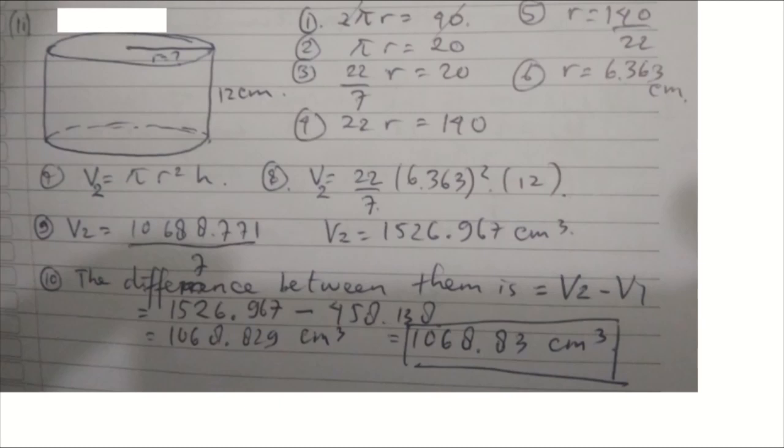So what we should do is subtract them: 1526.967 minus 458.138 centimeter cube. So we've got the difference between the volumes as 1068.829, or if we round it up, 1068.83 centimeter cube.